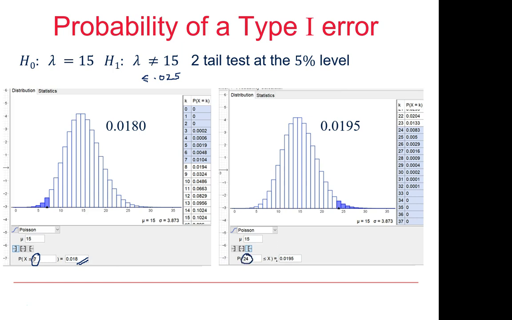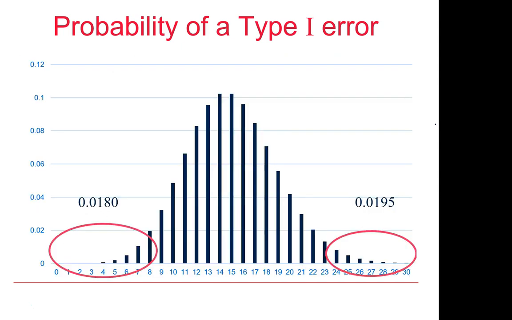So if we obtain an outcome for the number of houses sold in October of 7 or less, or 24 or more, we're going to reject our null hypothesis. We're going to say, on the basis of evidence, we believe that there has been a change. And at the top end, at 0.0195, if we go any further we're going to exceed our 2.5%.